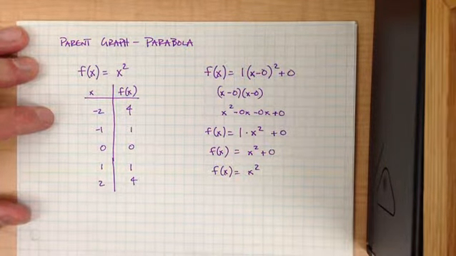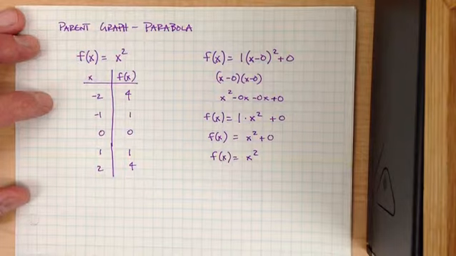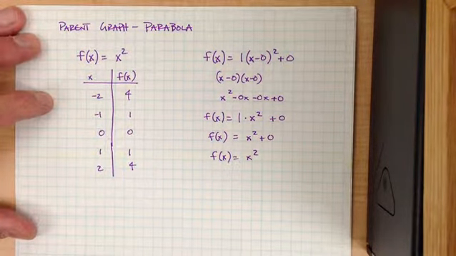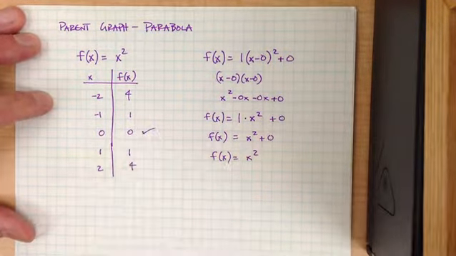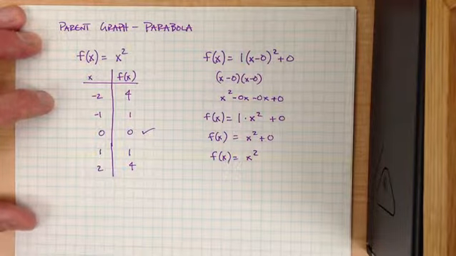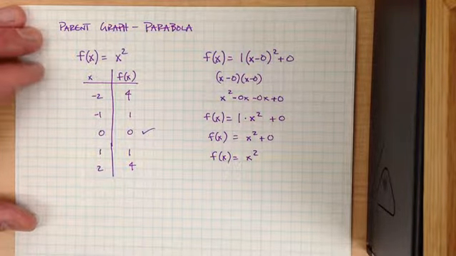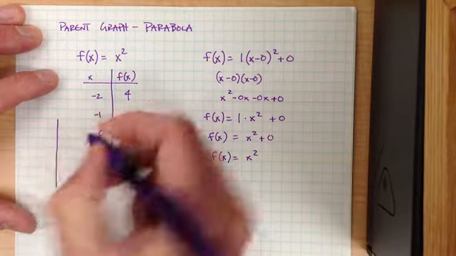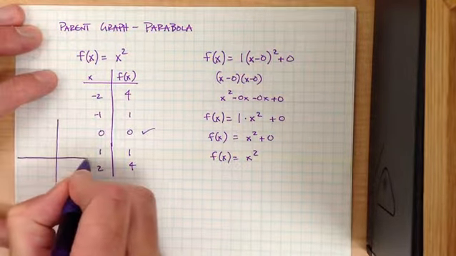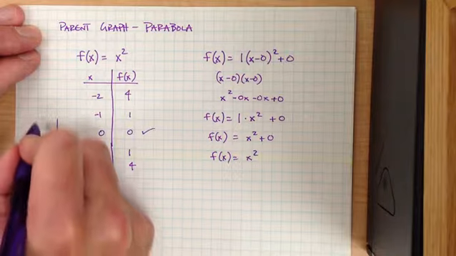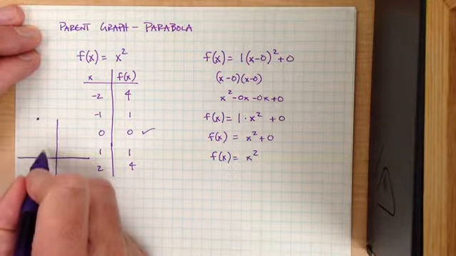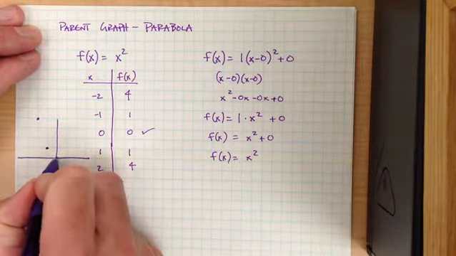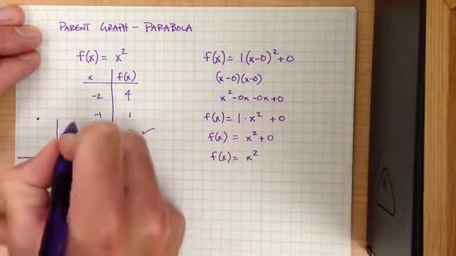If you take a look at this graph, you are going to have a vertex at 0, 0. I guess I should show it to you visually really quickly. I plot my points, -2, 4, -1, 1, 0, 0, 1, 1, 2, 4.